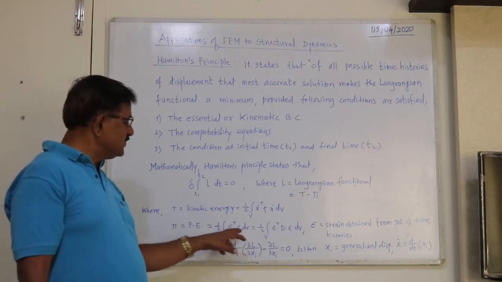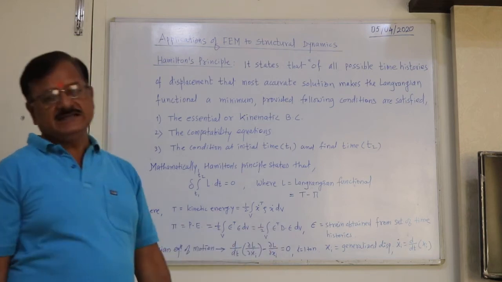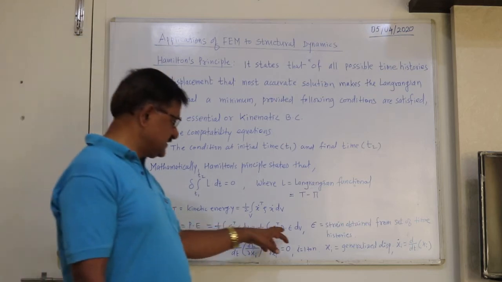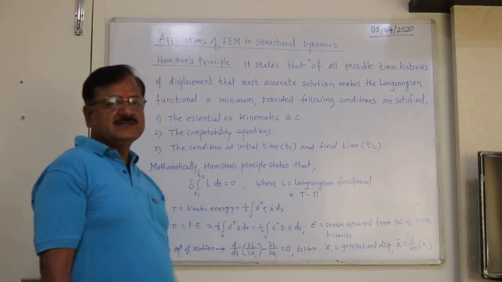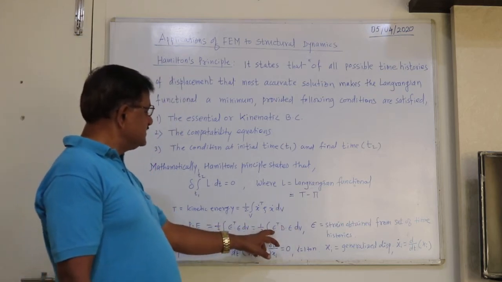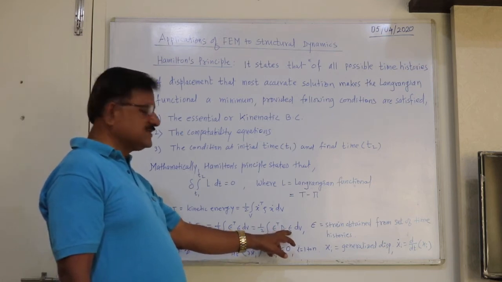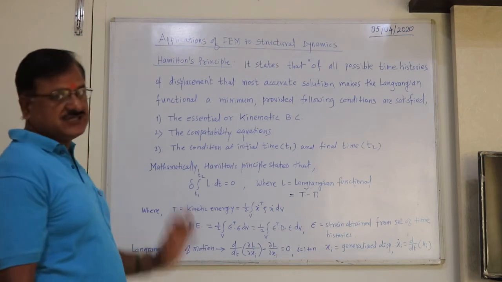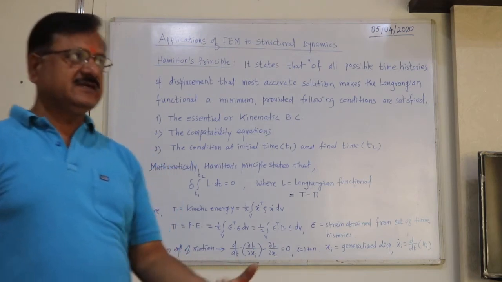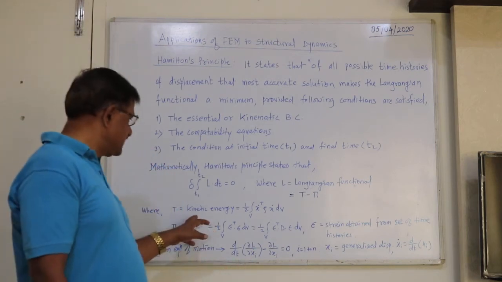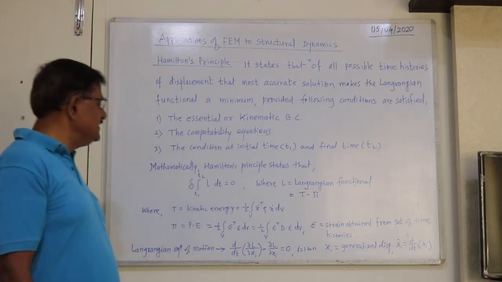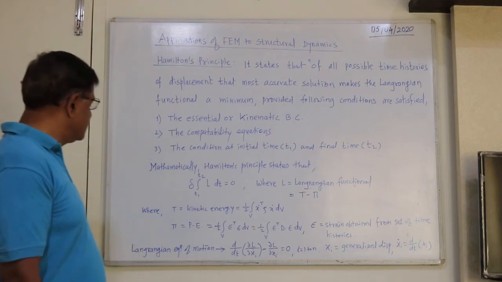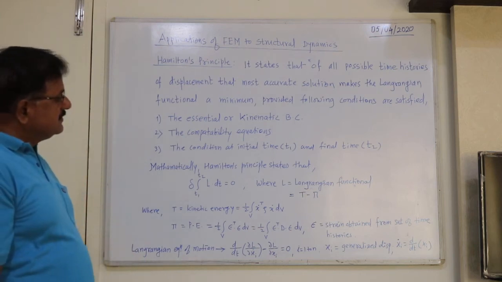What is stress? Stress is D, the elasticity matrix, into strain. So strain transpose D into strain, integrated over the entire volume, gives us the potential energy. Once we are able to find the kinetic energy and potential energy, then we can work out the Lagrangian functional.